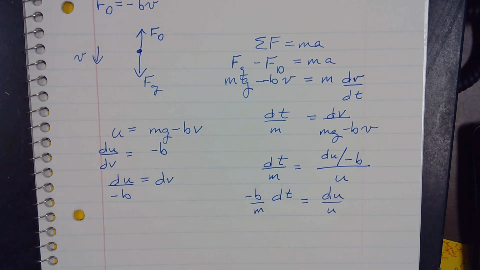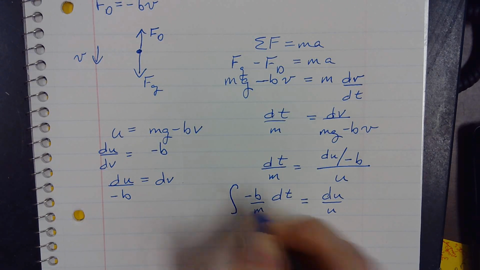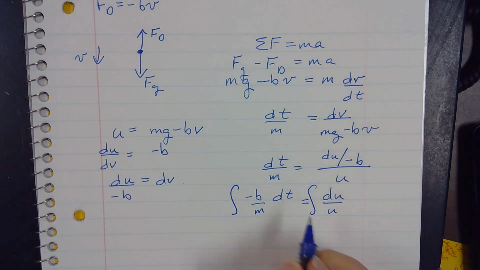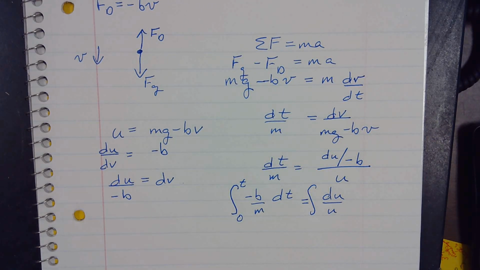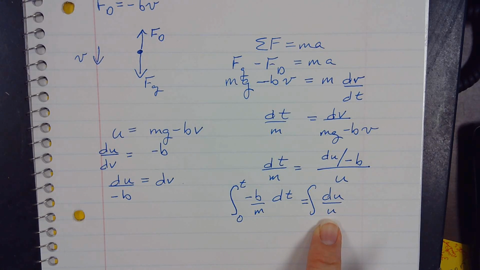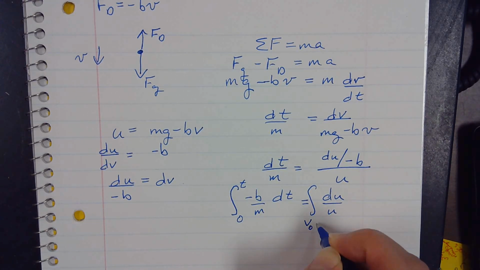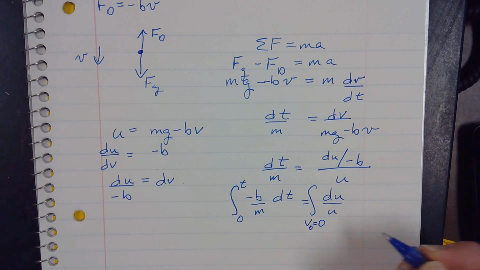We're going to have a different result because of our endpoints. So when we integrate both sides, time still, we want to start from 0 and get it as a function of time. So we want t at the top. Then on this side, I know my initial velocity is 0.